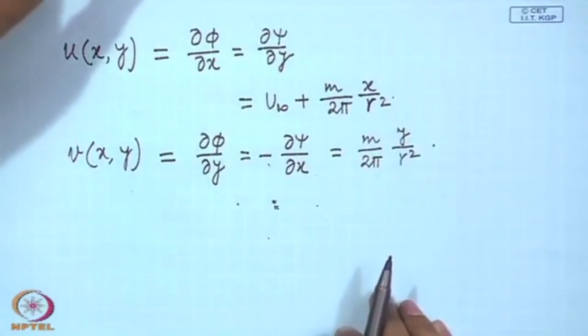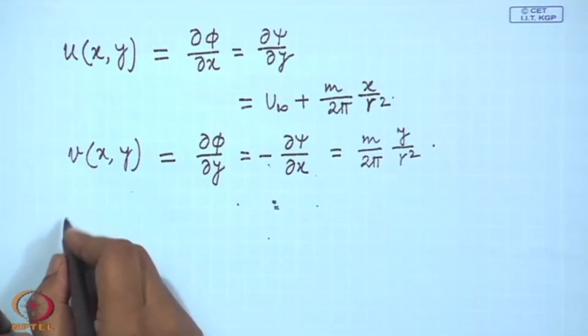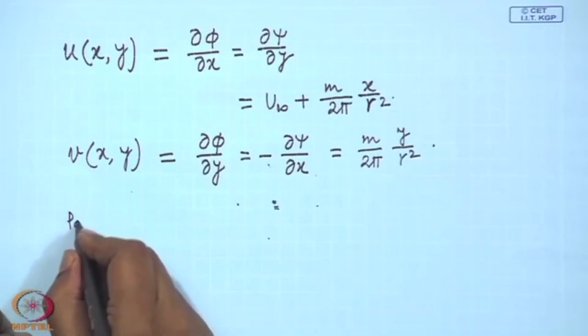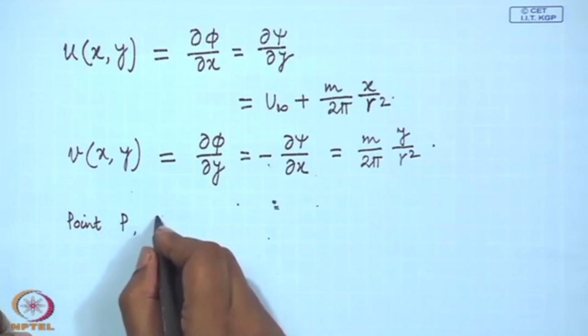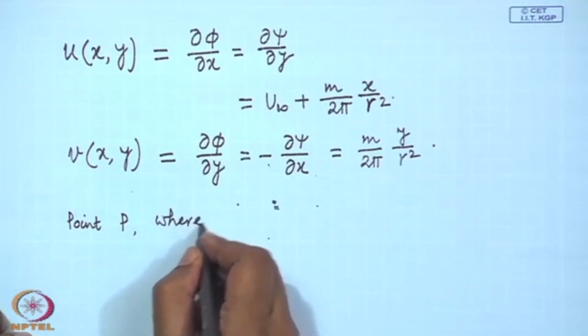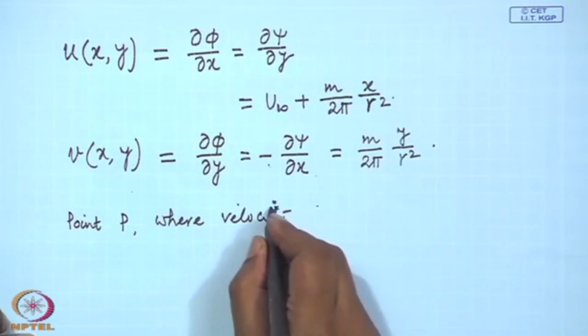Is there anything like that? What is that? Say we call it point P, where velocity is 0.